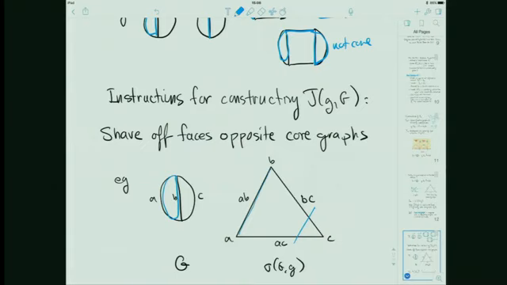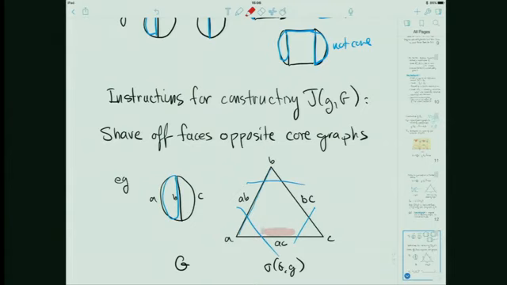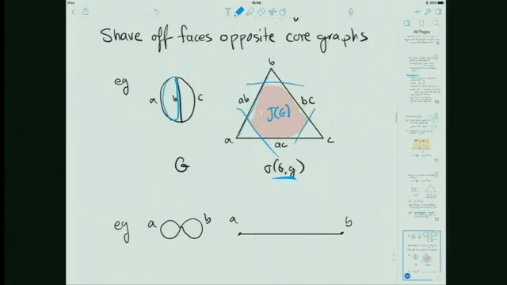BC is a core graph, and AC is a core graph. So I cut off all those faces, and I'm left with this. So starting from the simplex, this is sigma of G, I'm left with something I'm going to call J of G. Okay? I'm going to do a couple more examples.